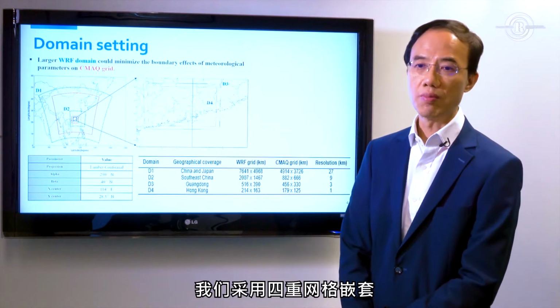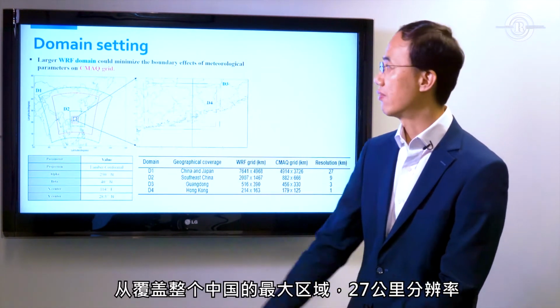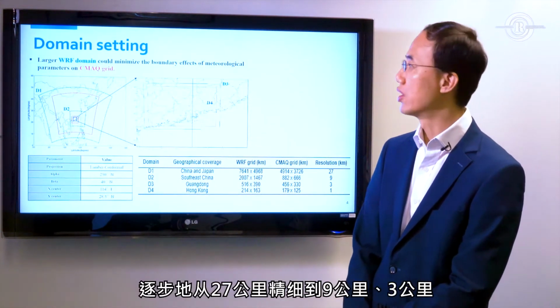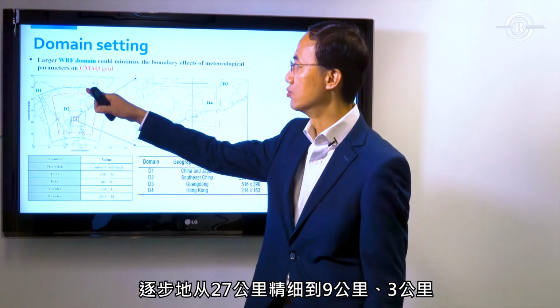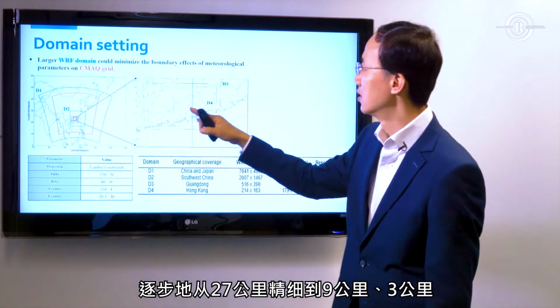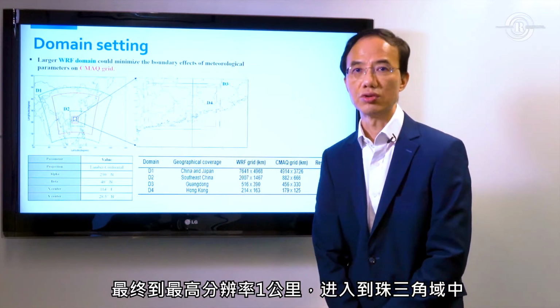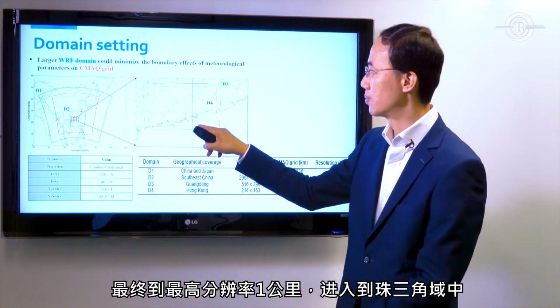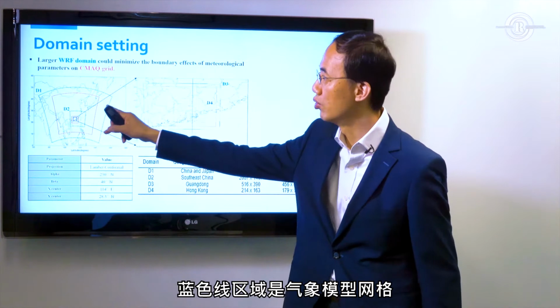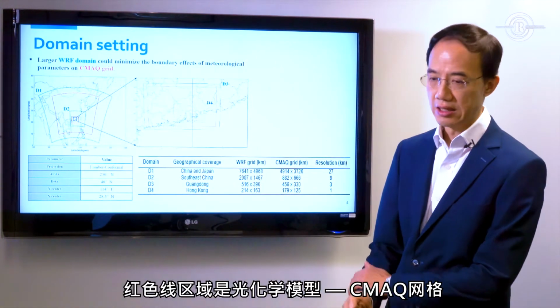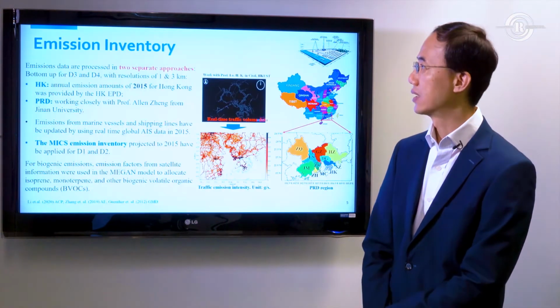We have four domains, from the largest domain covering the whole of China at 27 kilometer resolution, slowly zooming down from 27 to 9 to 3, and eventually to the finest resolution, 1 kilometer, over this PRD domain. The blue is the meteorological model, and the red is the photochemical model CMAQ.